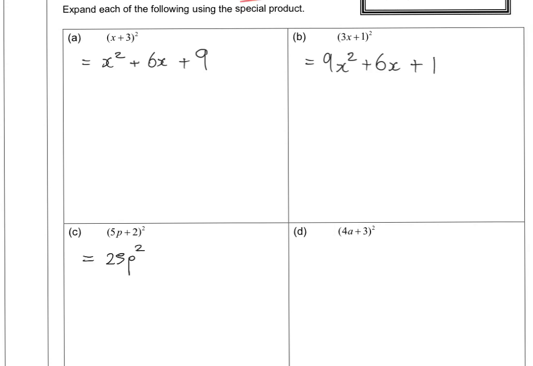Okay? Since some of you are so shy, I'll walk next to you and then ask you, okay? On a more personal basis. What's the middle term, Dia? 2 times 5. Yeah. Okay, 2 times 5p times 2, which gives us a result of... Xin, what's the middle term? 2 times 5p times 2 is what?